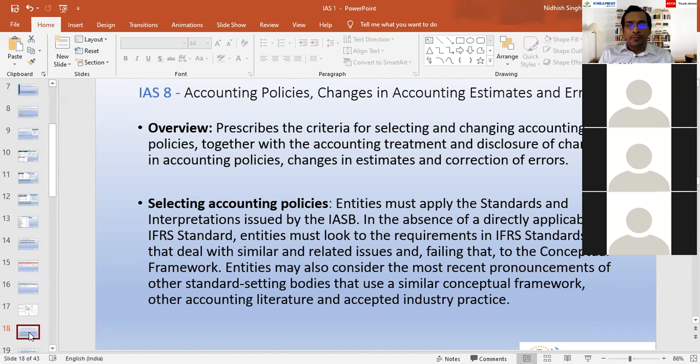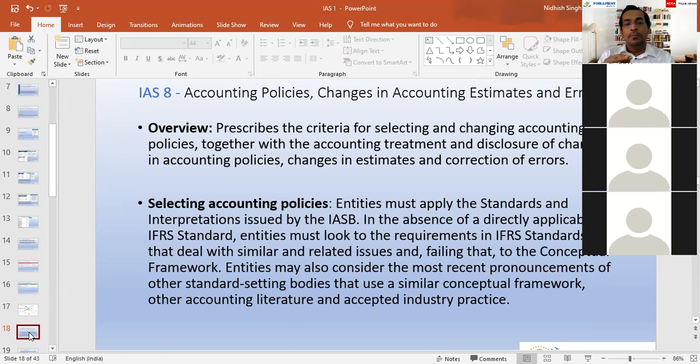Selecting accounting policies. Entities need to select the right policy, just like we talked about the depreciation rules. So that rule will be selected.